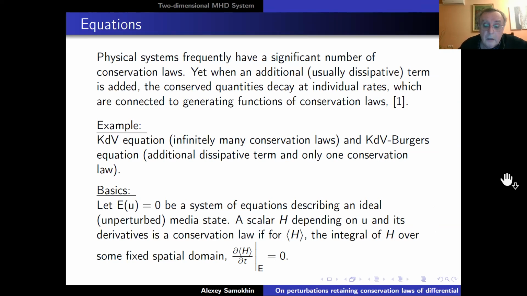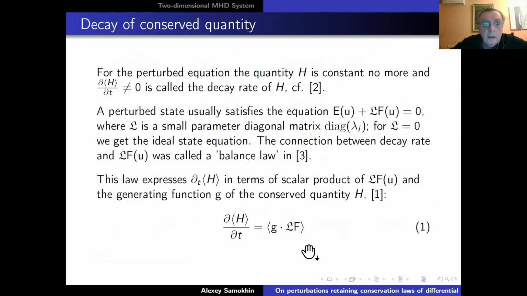Now let's go to another slide. If something is added, then the quantity is no more constant, and its velocity of decay is called the decay rate.